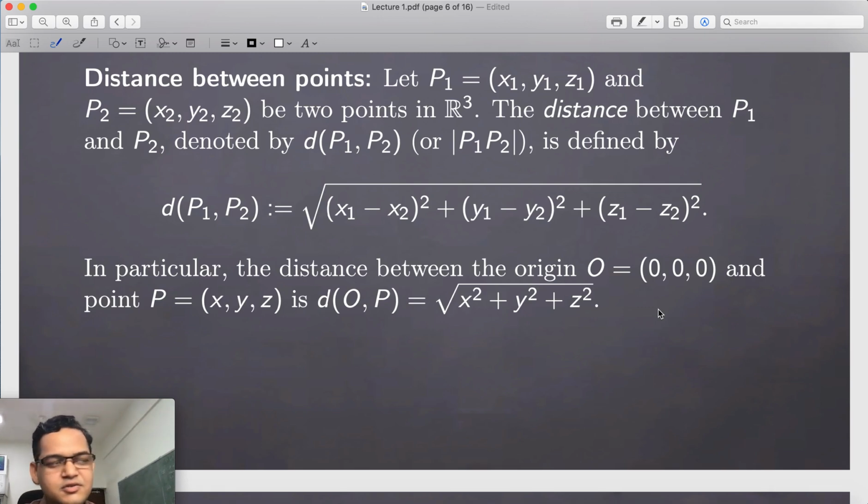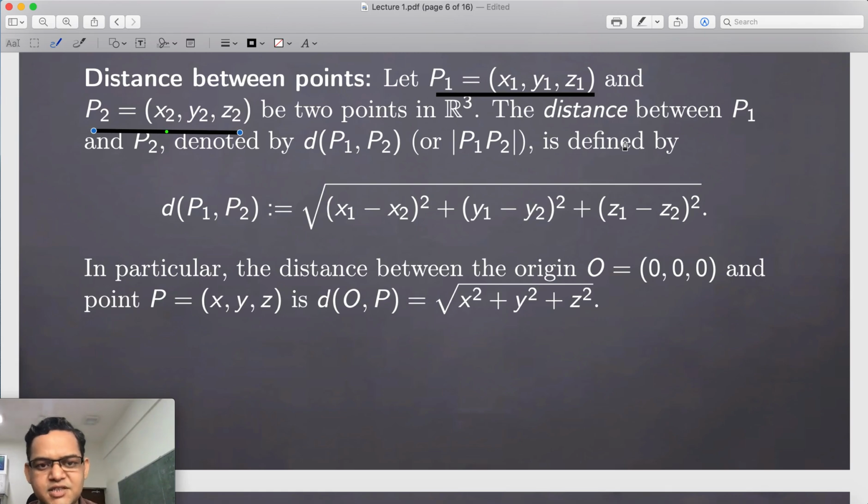You take two points in the space and say that they have the coordinates x1, y1, z1 and x2, y2, z2. This is the first point, this is the second point.